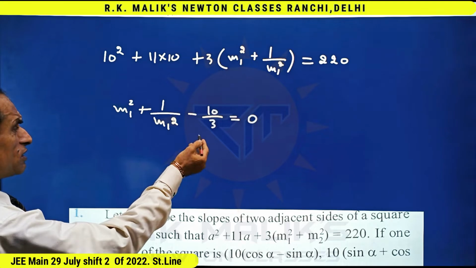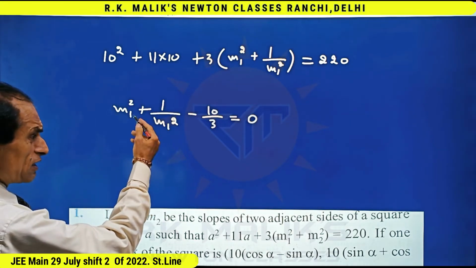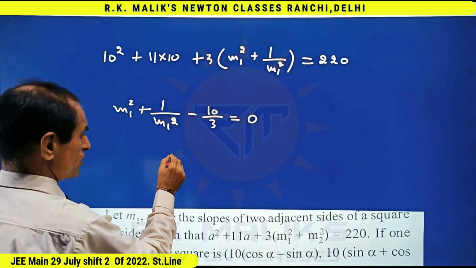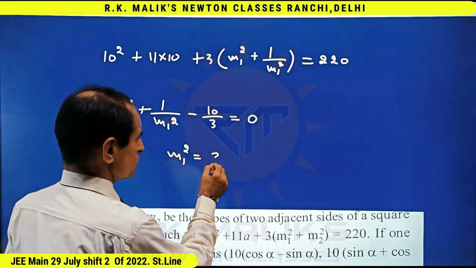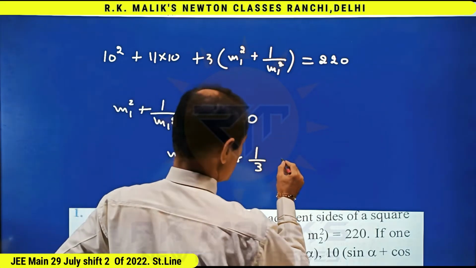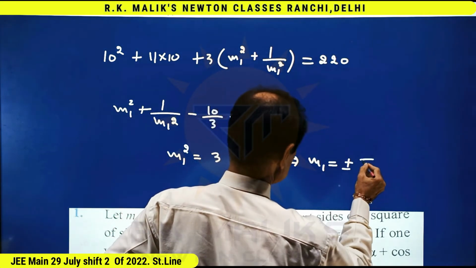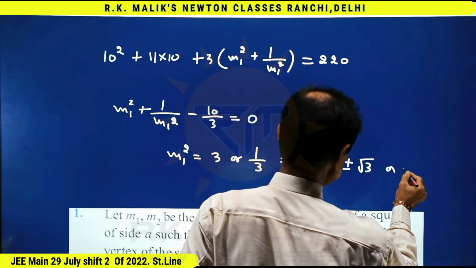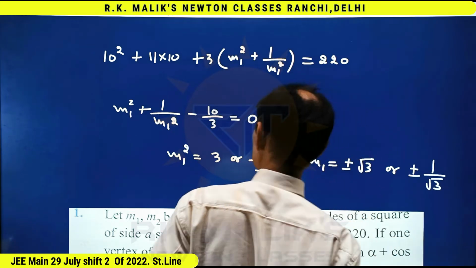From here you can make a quadratic equation in M square and get the value of M square. You will find that M1 square will be 3 or 1 by 3. That is, M1 equal to plus minus root 3 or plus minus 1 by root 3.